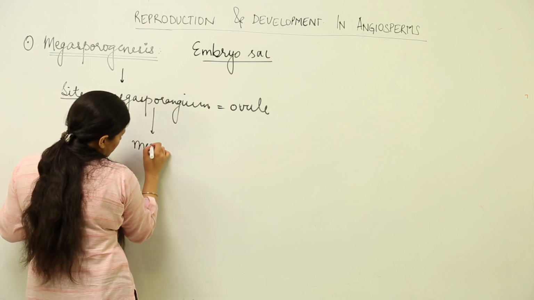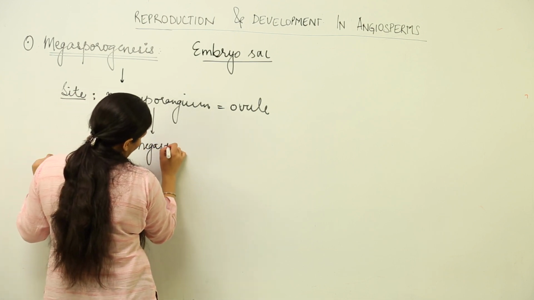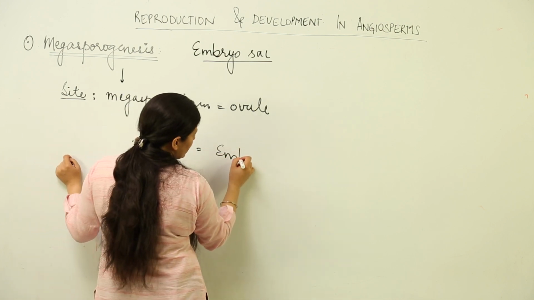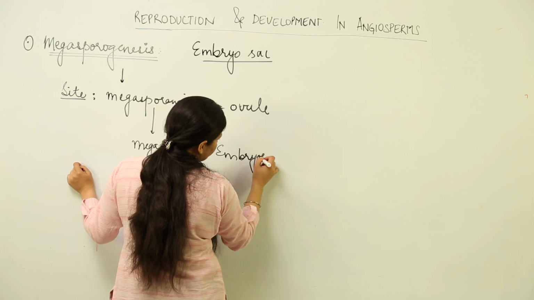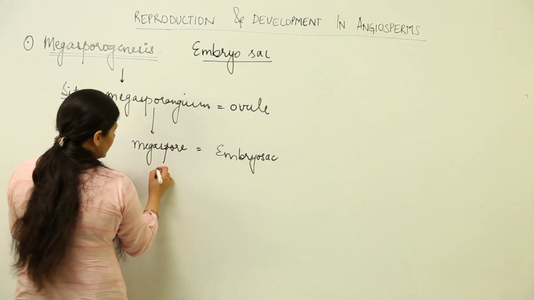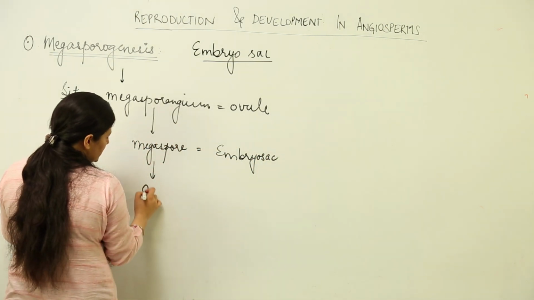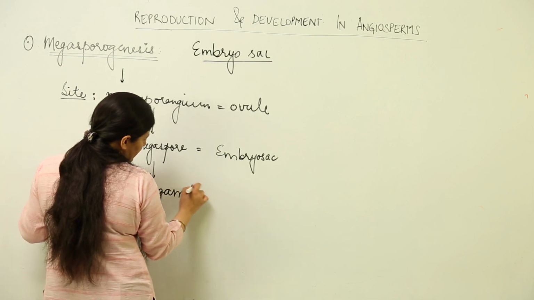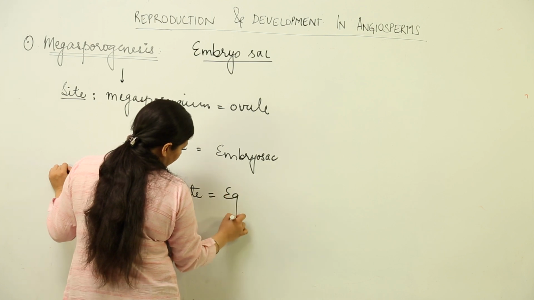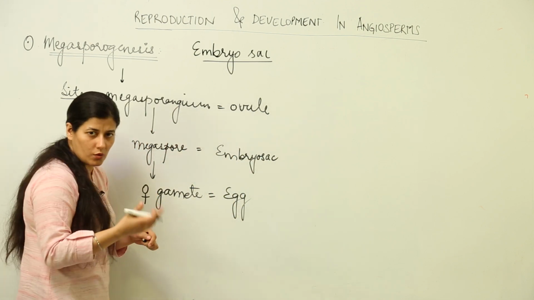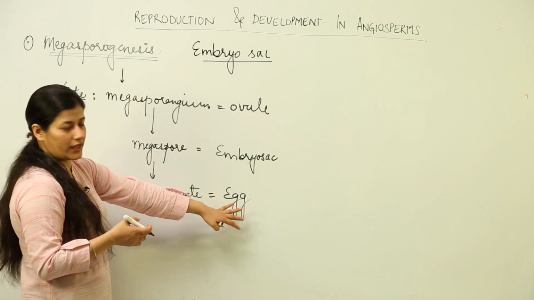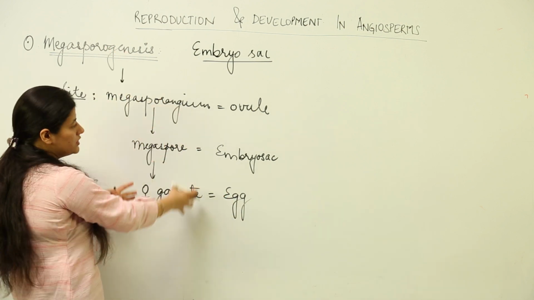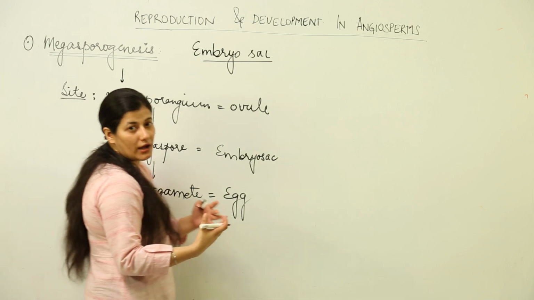A megaspore. The name for the megaspore is embryo sac. And inside it, you are going to find the female gamete that has the name of egg or ovum. We use the word egg over here. This entire process is summarized in these three terms and you have to know how it happens.